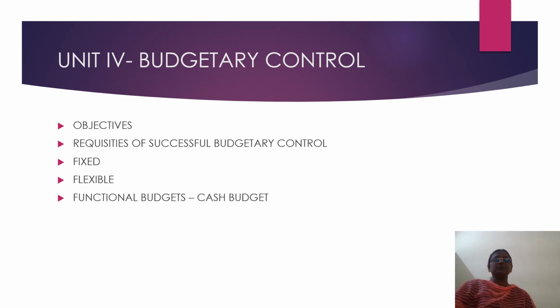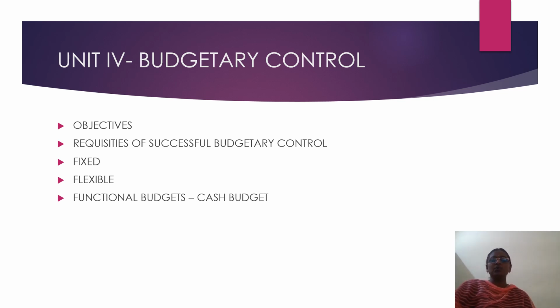Most probably, in Unit 4, there will be budgetary control, where you have to concentrate on theory aspects like requisites of successful budgetary control. What are all the requirements to make a budget successful? And the most important types of budget are fixed and flexible.